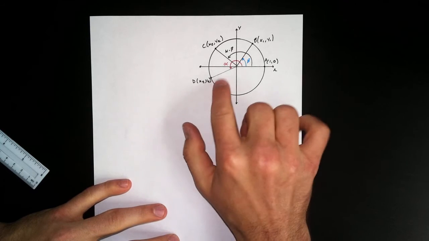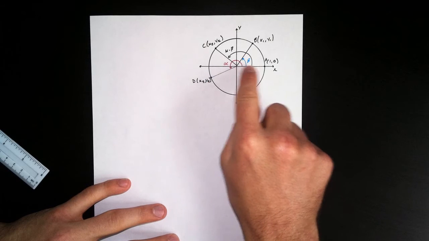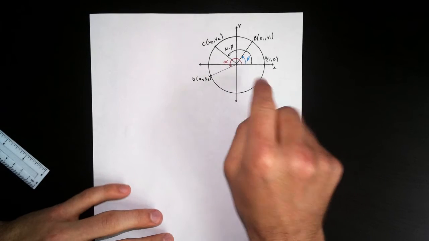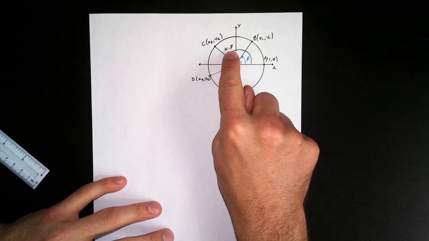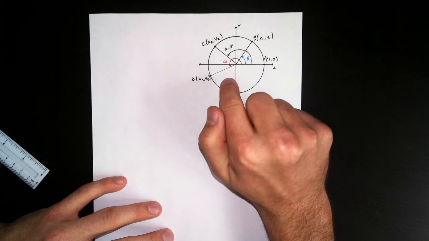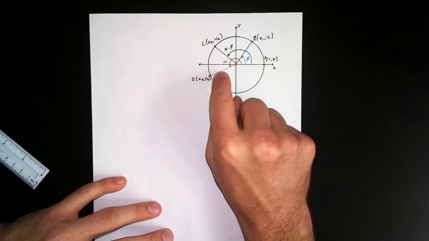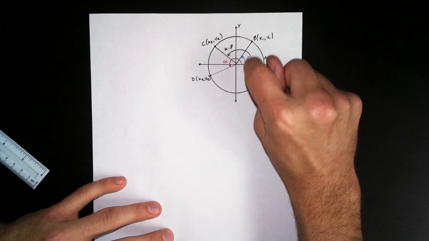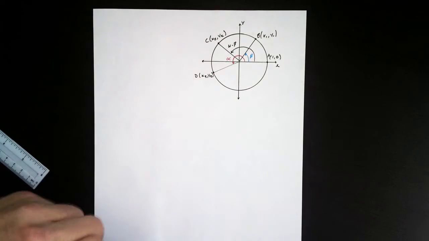Okay, so the next thing we're going to take a look at is some of the sizes of these angles here. Like I said, the one we want to take a look at is this alpha minus beta. But if we take a look at some of our other angles, this entire angle here is alpha.